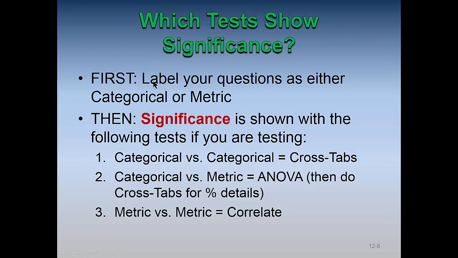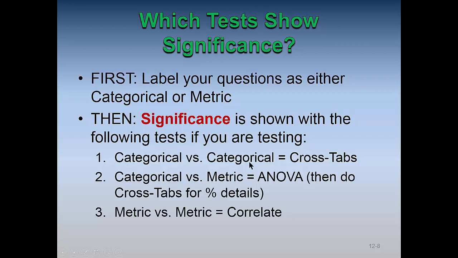When you have questions that you want to run significance tests on, first you have to categorize or label your question. Is it a categorical question like a yes, no, or a multiple choice question? Or is it a metric question, which usually has a scale from maybe unimportant to very important, or not frequent to very frequent, a scale type question?